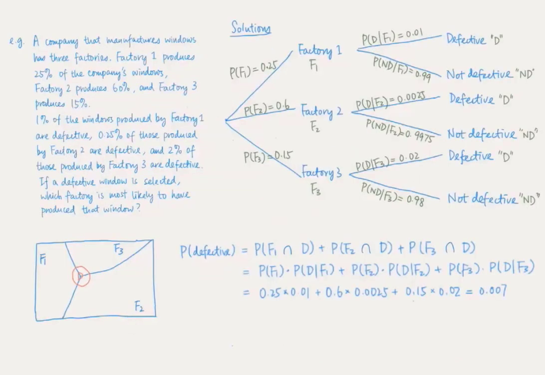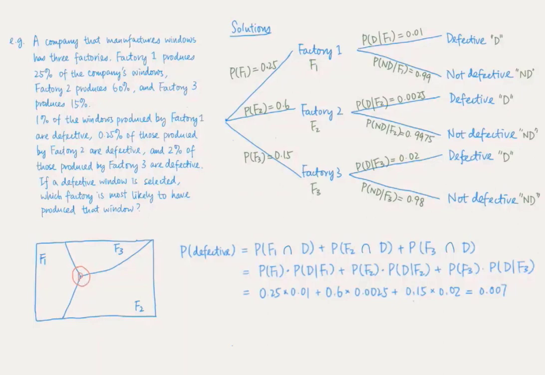We can refer to this Venn diagram. The square represents the sample space, that is all the windows that the company manufactured by these 3 factories. Some of them are produced by Factory 1, some by Factory 2, and some by Factory 3. Among all these windows from each factory, a certain percentage is defective, which we have indicated by this red region.